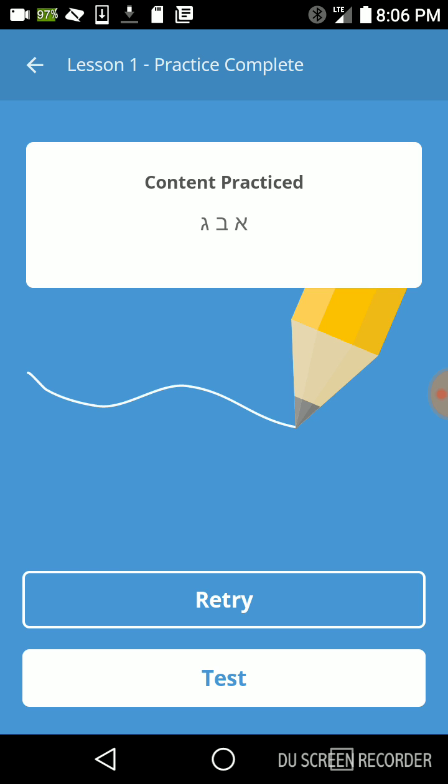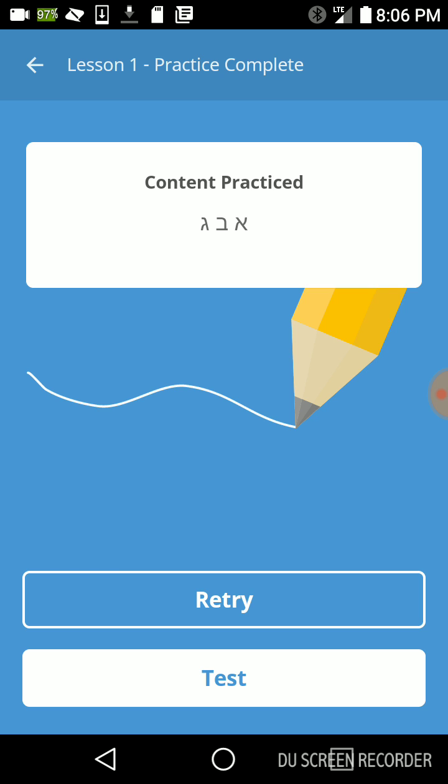Okay, what does she want? She wants the pay, this one, or the fe. סמך. She wants the samech, so that's easy. Remember to round off the bottom. צדי סופית. סמך. פה. עין. פה סופית.